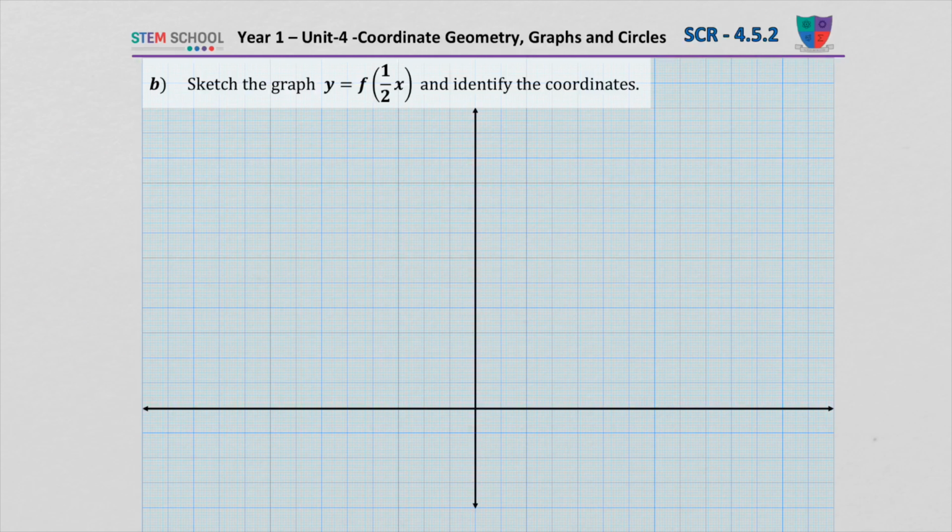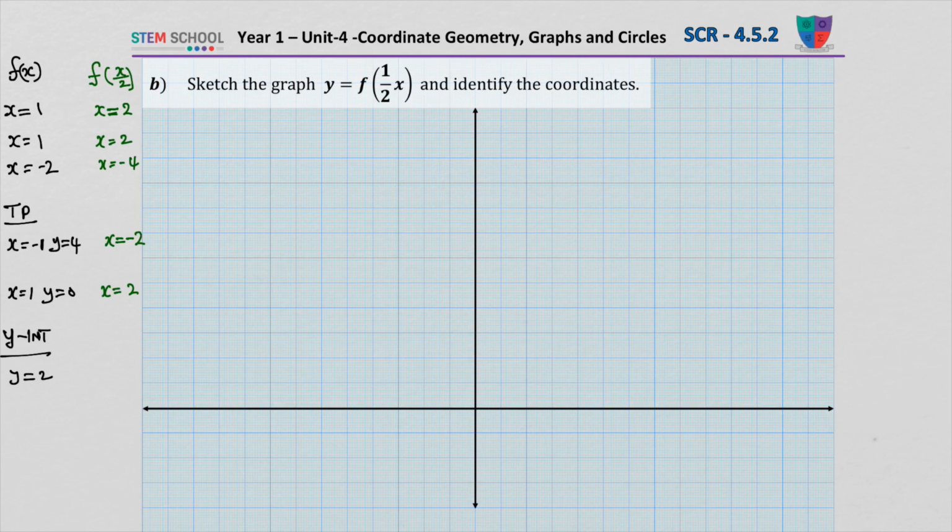B, sketch the graph of y equals f of x over 2 and identify the coordinates. Right, so with f of x over 2, the roots will be x equals 2, because if you're multiplying the x rather than the f of x, you're changing the x.